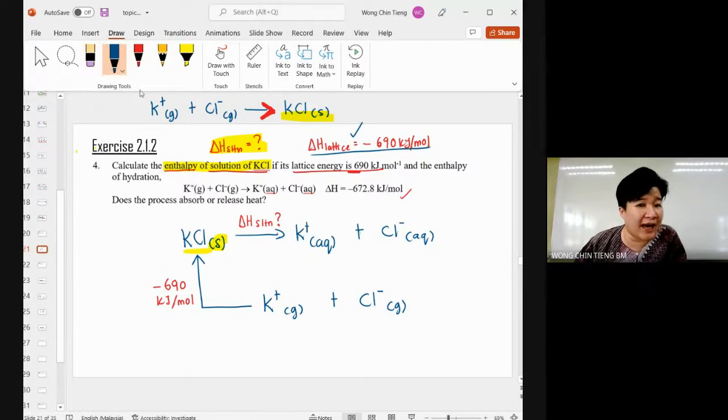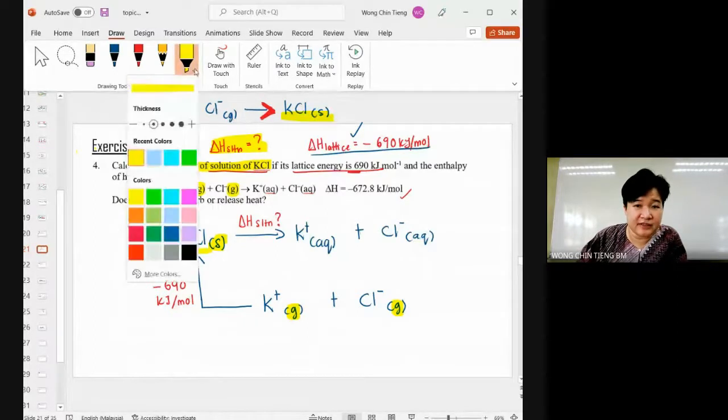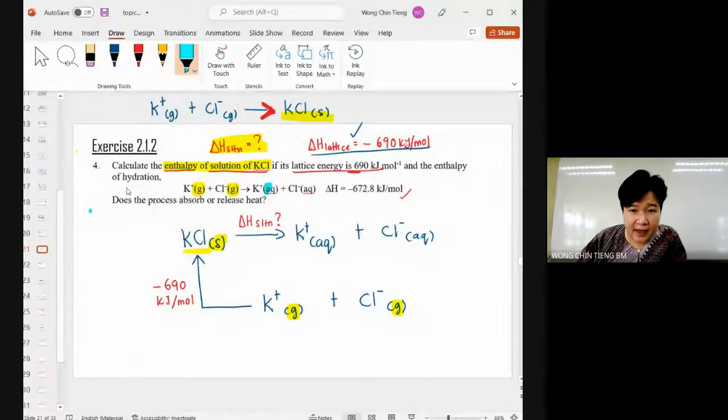Definitely using what I have. The next thing that I have, gas, forming aqueous. And ladies and gentlemen, macam biasa, tengok arrow. Tengok arrow menghala ke siapa?